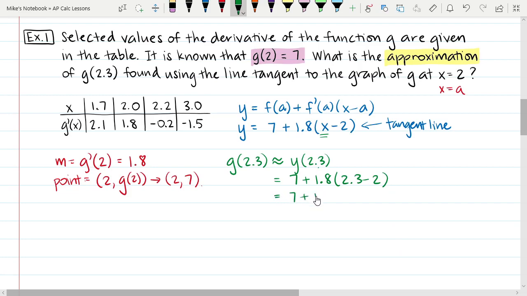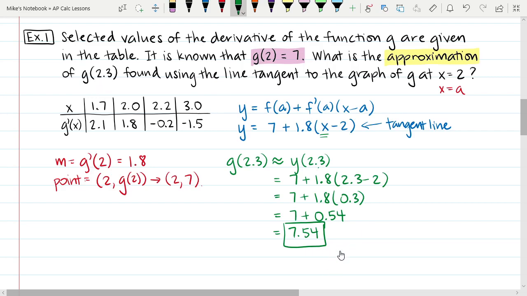So that's 7 plus 1.8 times, no, 2.3 minus 2 is going to be 0.3. And I get 7 plus, now 0.3 times 1.8 is going to turn out to be 0.54. And 7 plus 0.54 is 7.54. And that is our approximation for g of 2.3.